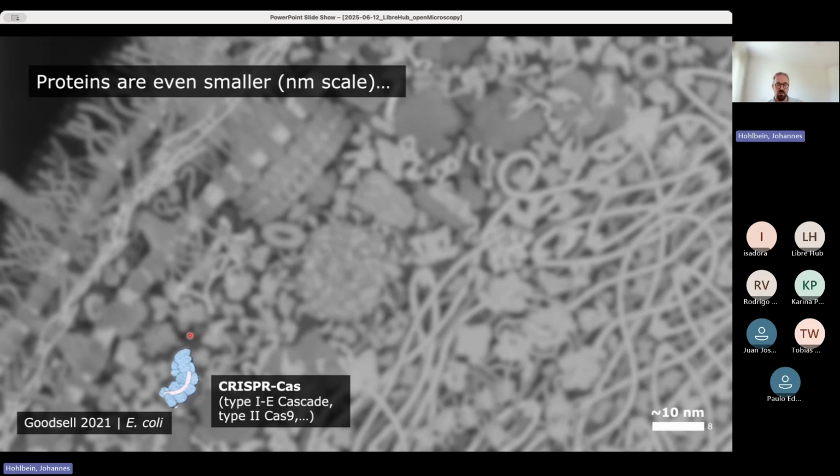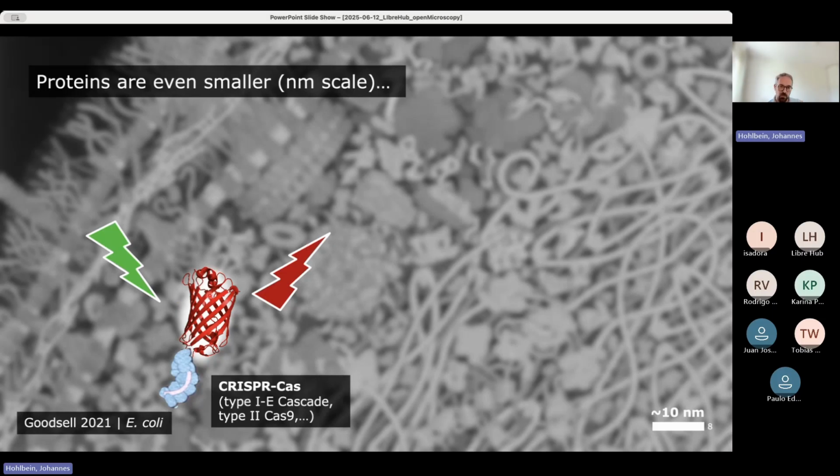And the big breakthrough for fluorescence microscopy came with the invention or discovery of the fluorescent protein. Because this is a genetically encoded fluorophore that you can tag to your gene of interest, and you can now excite that fluorescent protein and measure its emission.